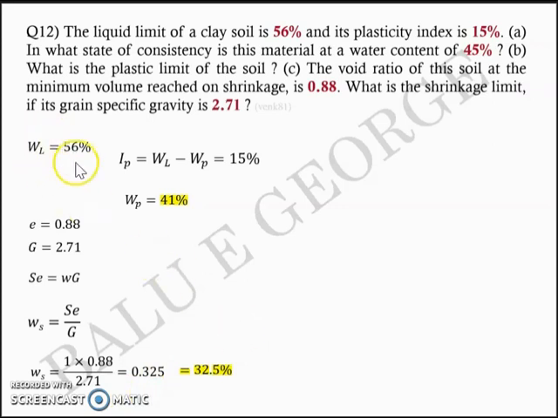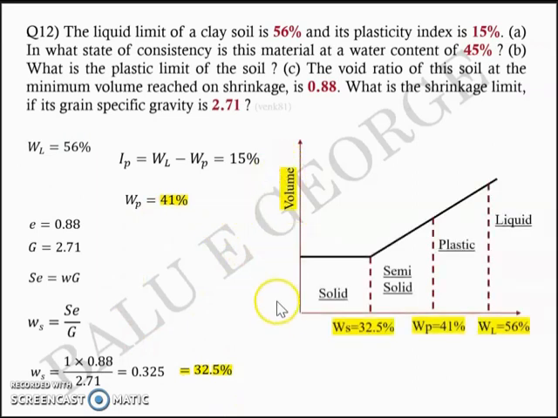So you have the liquid limit already in the question, you got the plastic limit, and you've got the shrinkage limit. So you have this plot where you have the water content versus the volume, from which you can classify the soil, whether it's in liquid state or plastic state or semi-solid state or solid state, etc. So in this particular question, the material is given at a water content of 45%.